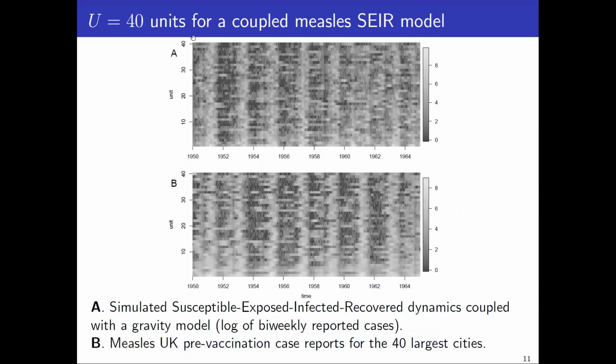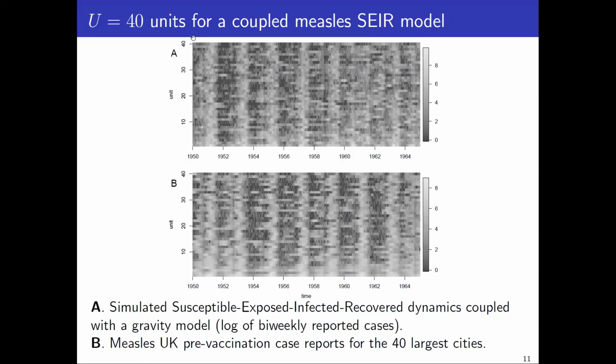So here's a connection between the simulation study and the data. These models fit measles data really remarkably well. I haven't given you the details of the model because I don't want to overwhelm you with lots of equations, but I always have to check the caption to remind myself which is the data and which is the simulation.